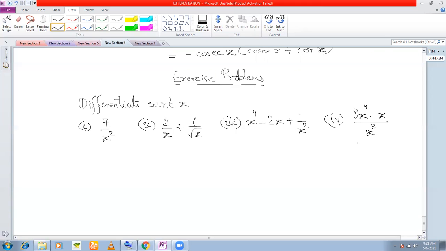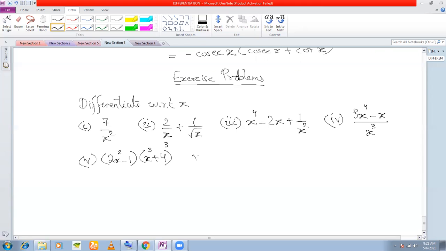And fifth question is 2x square minus 1 into x cube plus 4 whole cube.